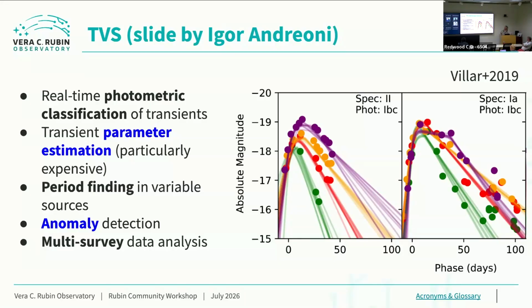I think Igor stressed that you don't necessarily need visit images or visit image cutouts for this; simply having a cutout from a coadd gives you contextual information. But the key data set is clearly the DIA object table and the time series to be able to do these computations.